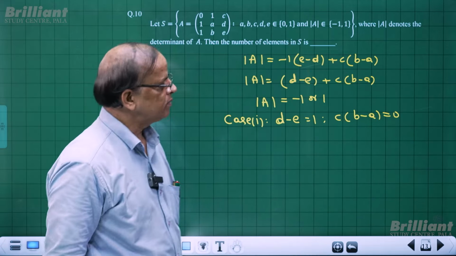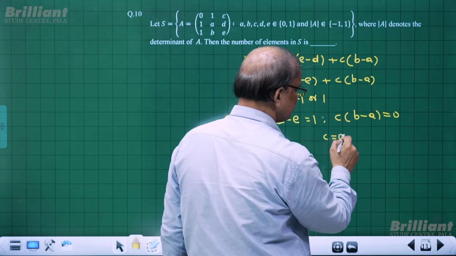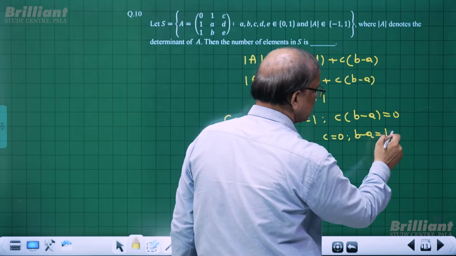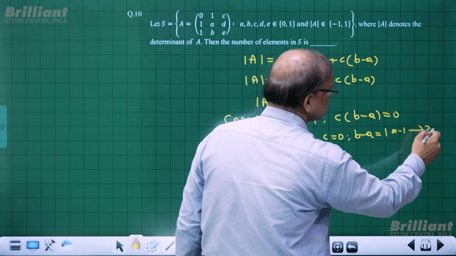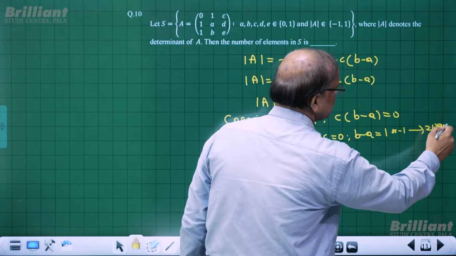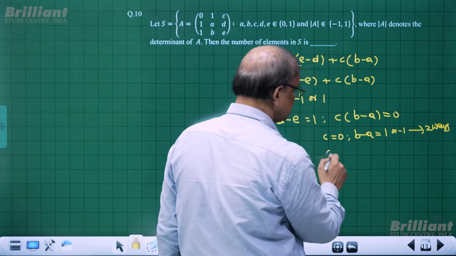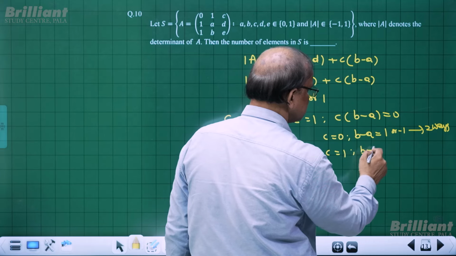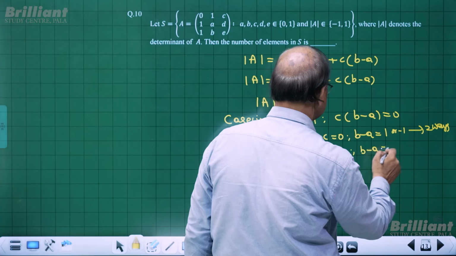So, here the possibilities are C can be 0 and B minus A can be 1 or minus 1, that means 2 ways, right. Now, C is equal to suppose 1 and B minus A you can take 0.